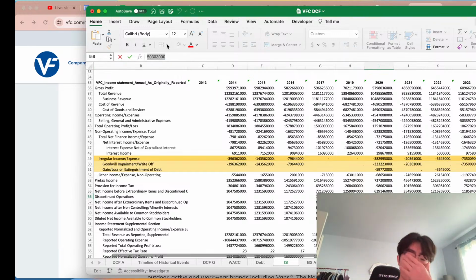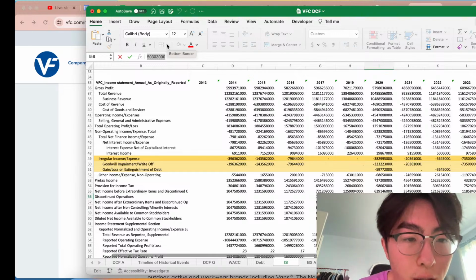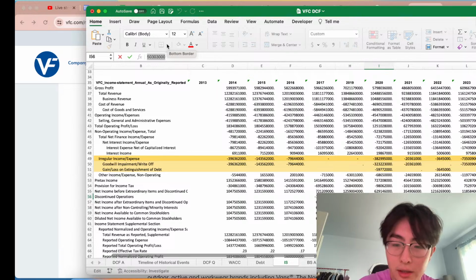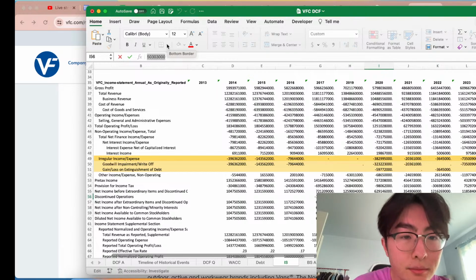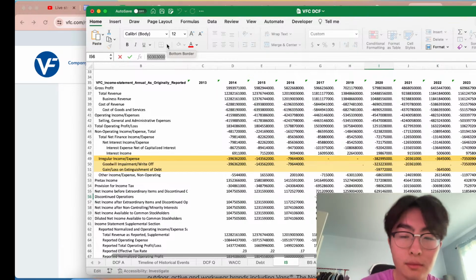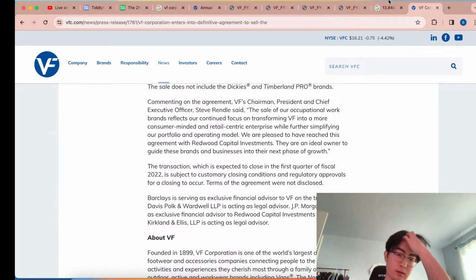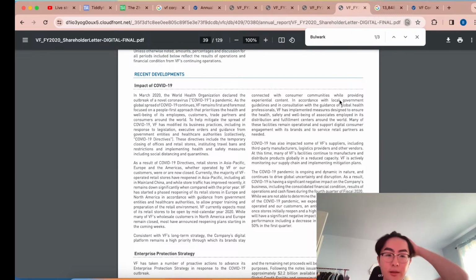So maybe this is what, it's the operating income for the discontinued operations. I don't know what their revenues are. Okay.